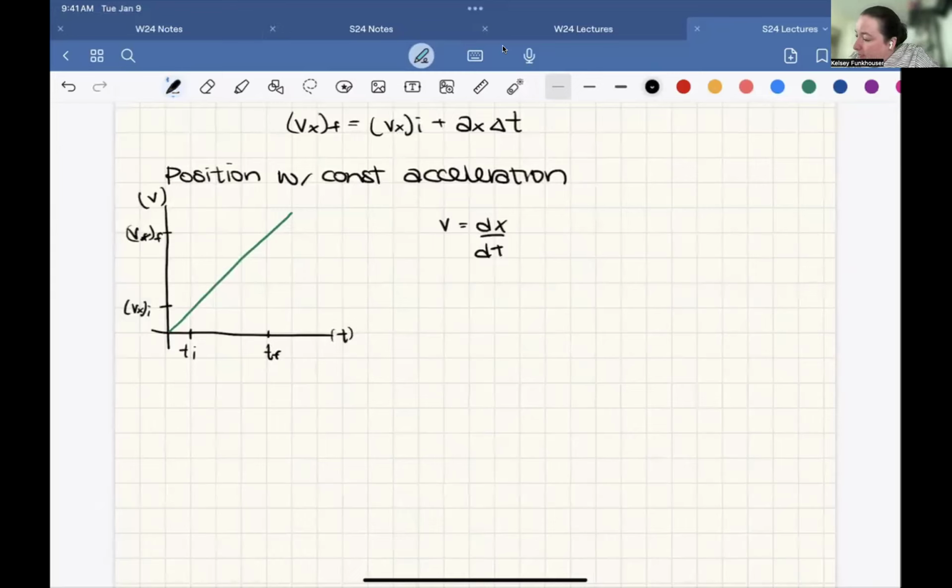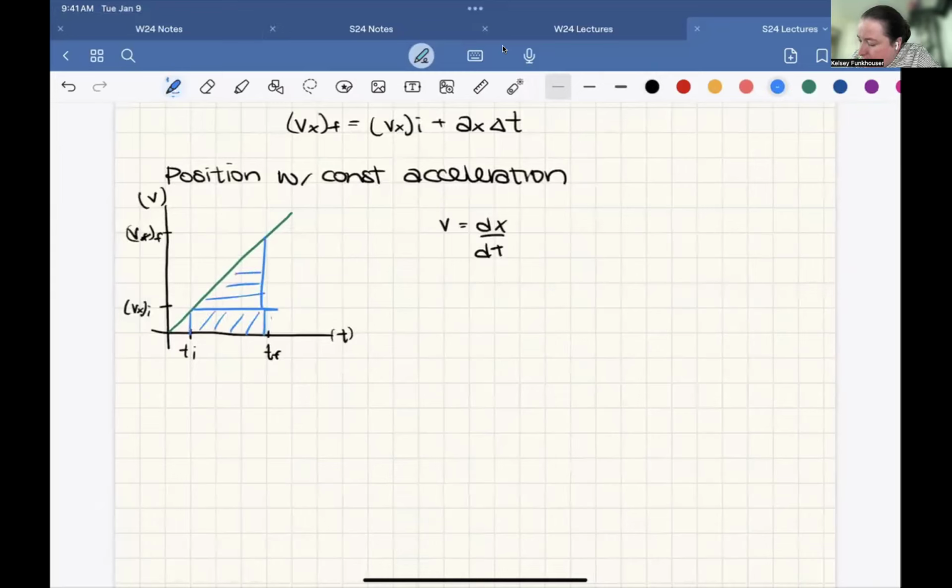So we have kind of two shapes here. We have this triangle, yeah, here, and this rectangle.